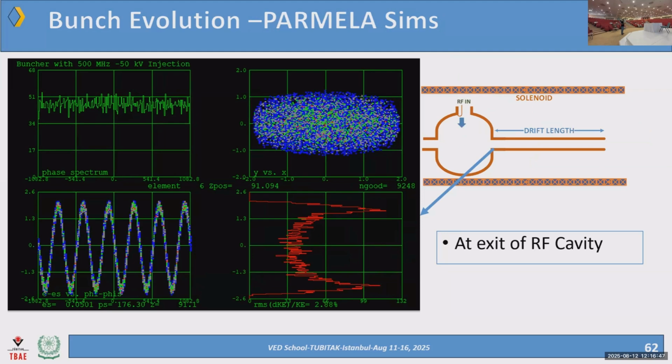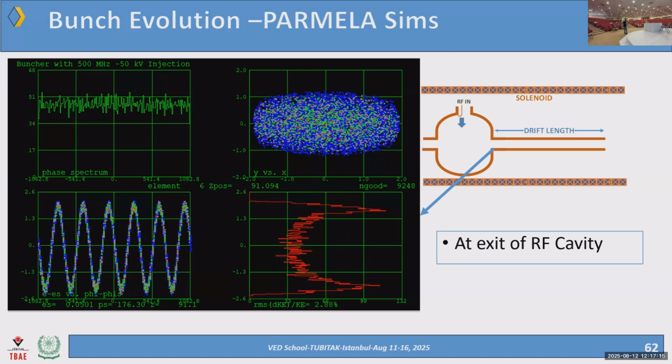Our beam has already interacted with the RF, and now it has just exited the RF cavity. What happens? There is a distribution. The beam is modulated like this. But can you see the population at the start of the peaks and the valleys is higher?